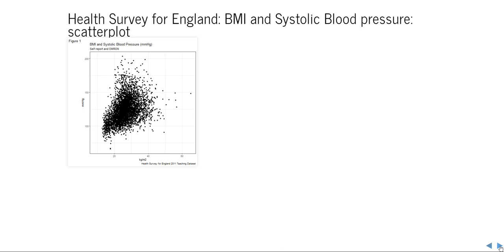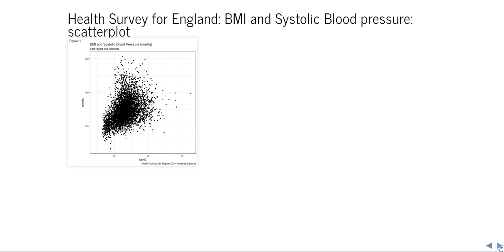And I'm using the Health Survey for England 2011 teaching data set. The reason it's a teaching data set is not anything particularly to do with it being simpler than the full data set. It's a teaching data set because they've gone to more trouble to make sure that individual confidentiality can be respected if we're opening it up to a wider audience. So don't think this is a simpler or more artificial data set just because it's the 2011 teaching data set.